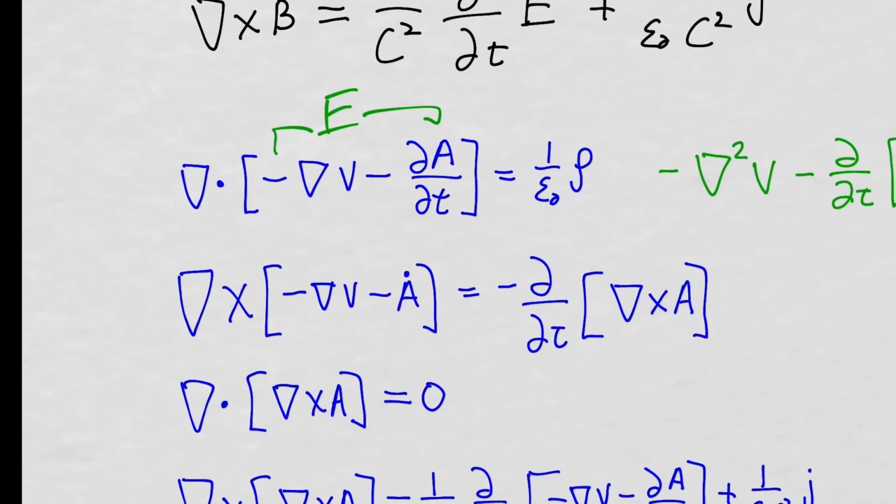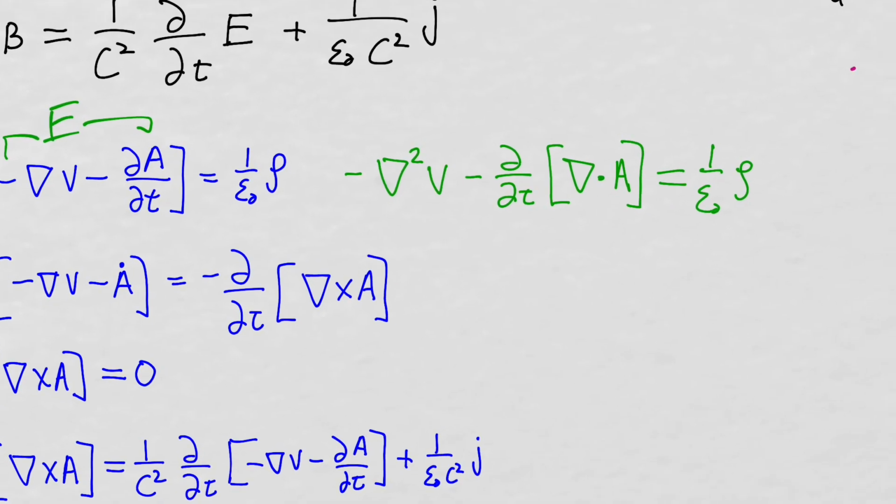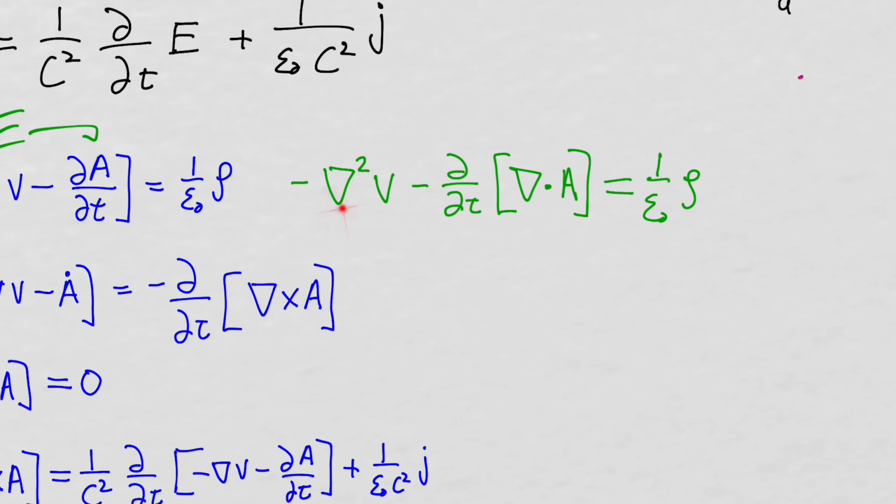Well, that's the Laplacian of, remember, this is a scalar field, so it's the Laplacian of that scalar. And the time derivative of A is the time derivative of a vector field. You do that component by component. And you end up with this expression, the opposite of the Laplacian of the scalar minus the time derivative of the divergence of the vector potential equals the source term.